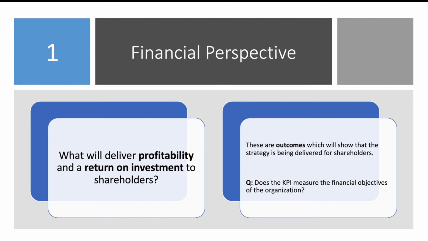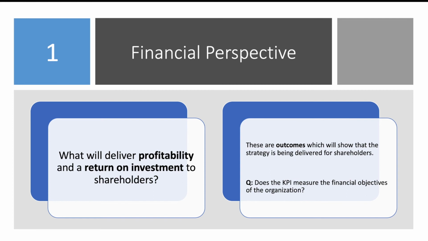So what do we do? Does the KPI measure the financial objectives of the organization? We have to ask this question to see if the financial perspective has been met. Does the KPI measure the financial objectives of the organization?